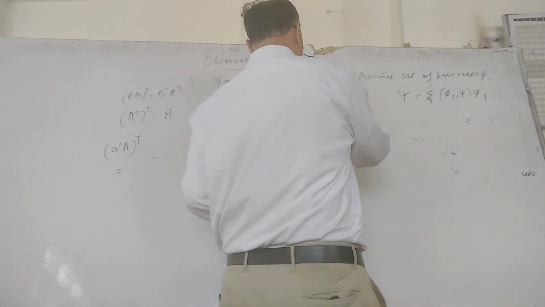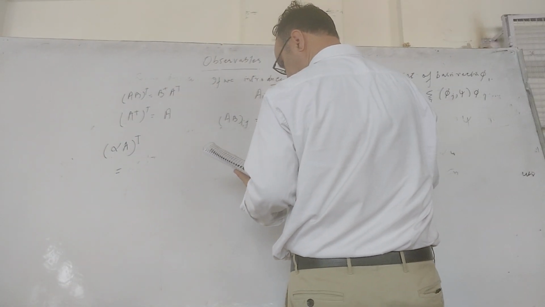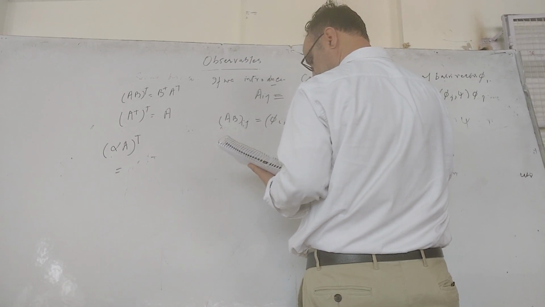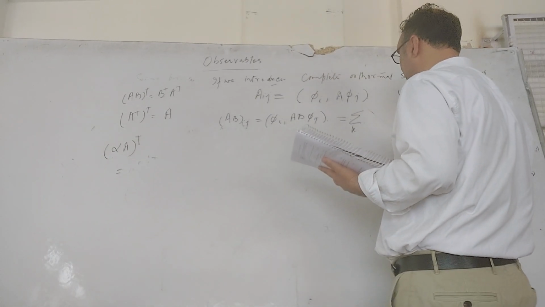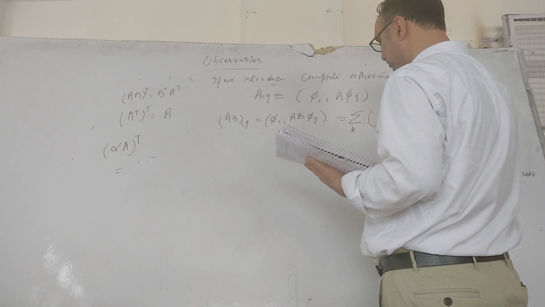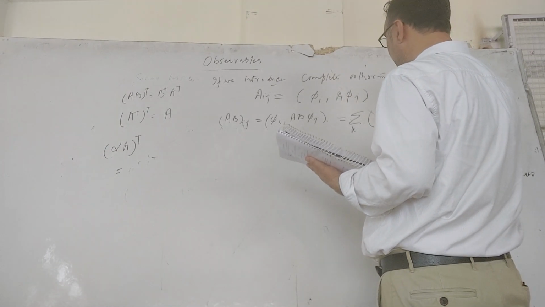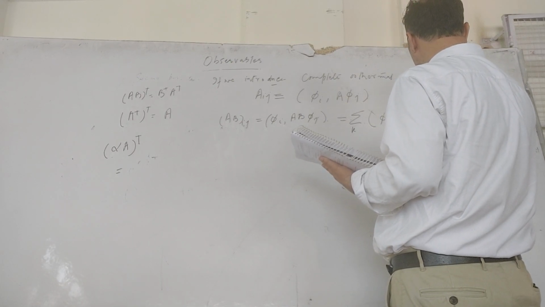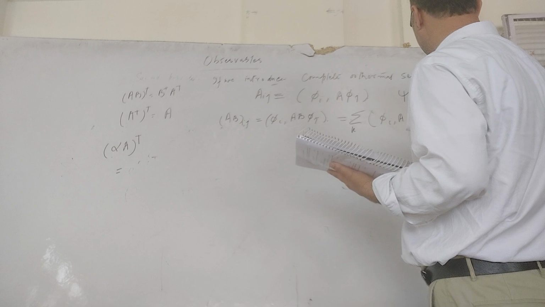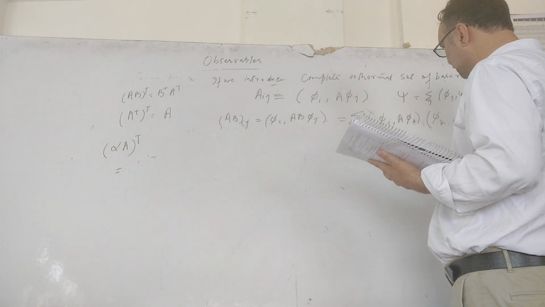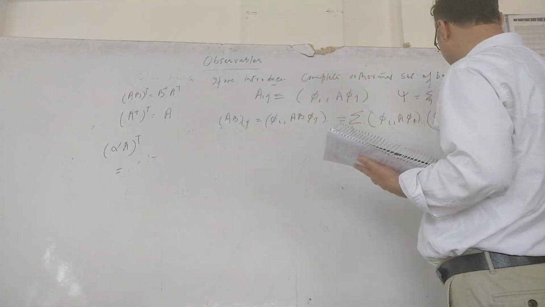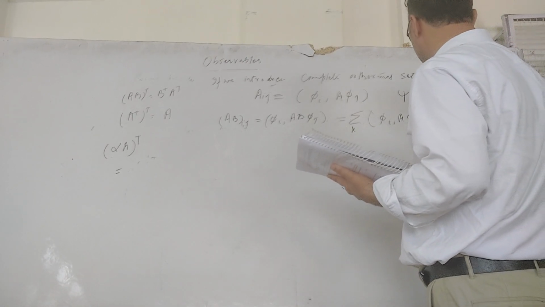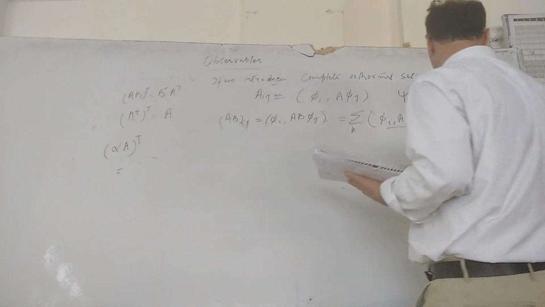Again, we can write it further in terms of k. You can have phi i, A, phi k, this is one, and phi k, B, phi j. So you can see it, this and this.